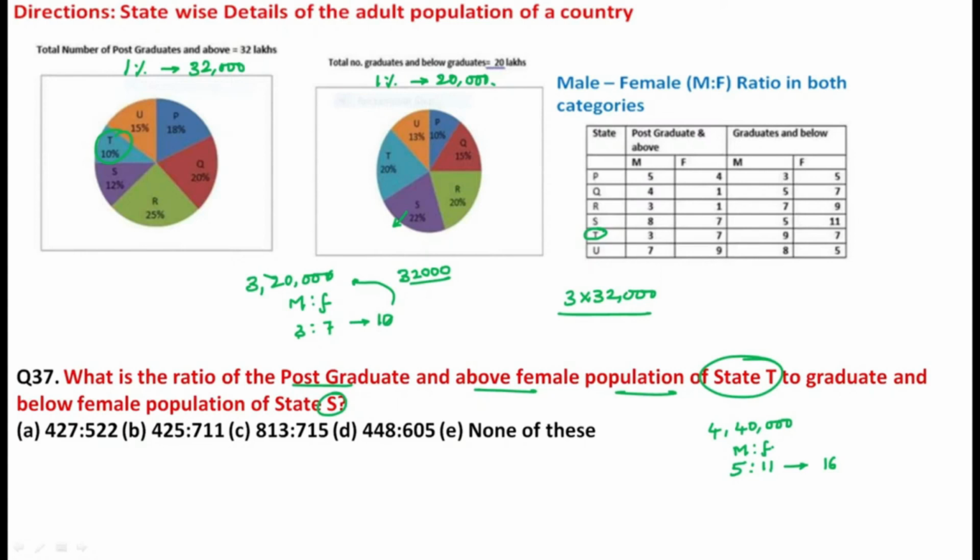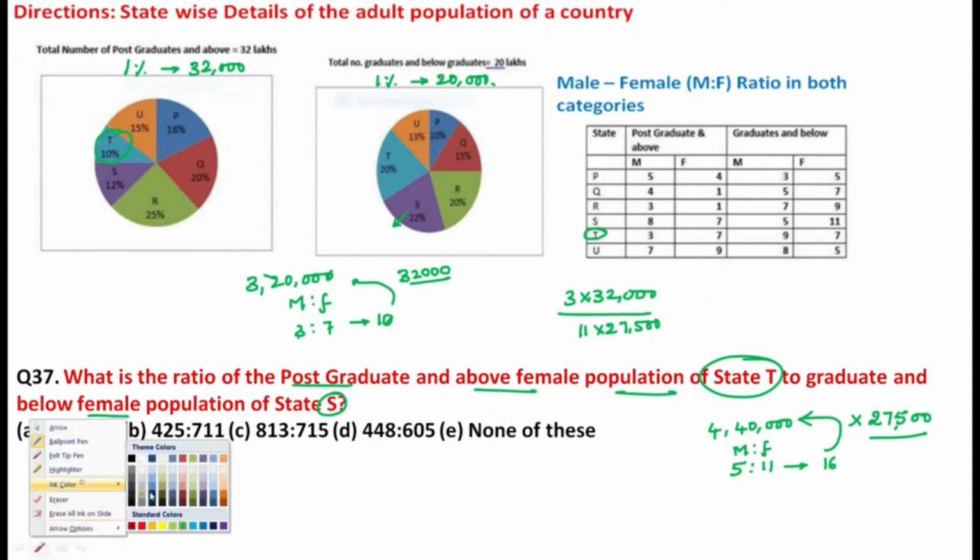Everyone just observe the calculation. Now see, 16 becomes 4,40,000, so each unit is 27,500. Now we want male or female. Female you require again, female is 11. So 11 into 27,500. You just find the ratio. Sorry, it's a ratio calculation.